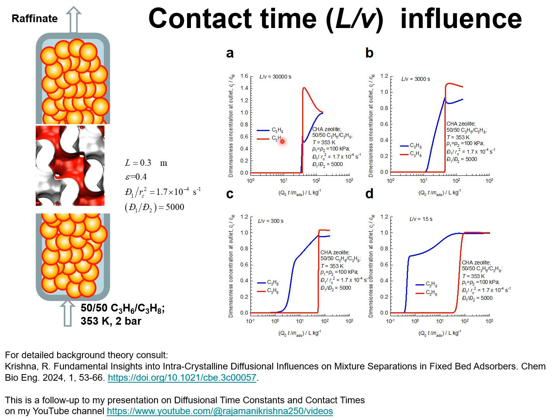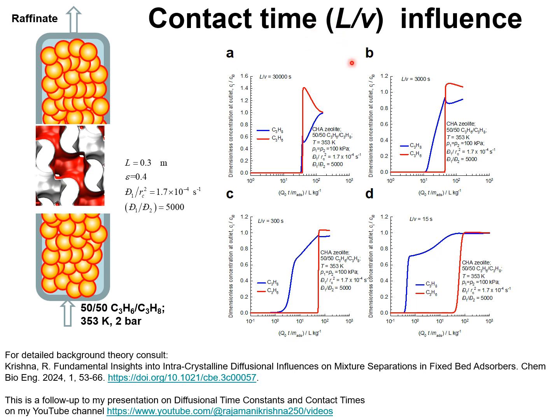With decreasing contact time, the extent of roll-up decreases in value from 1.4 to a value that is close to unity. Furthermore, with decreasing contact time between the gaseous mixture and the crystals, the breakthrough of propane occurs earlier.